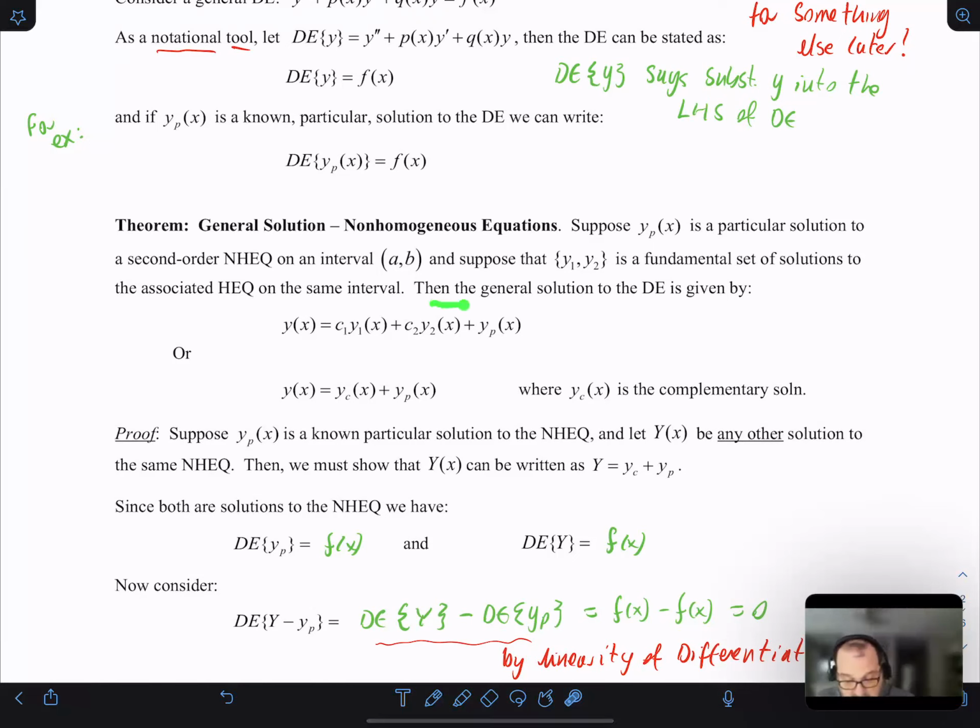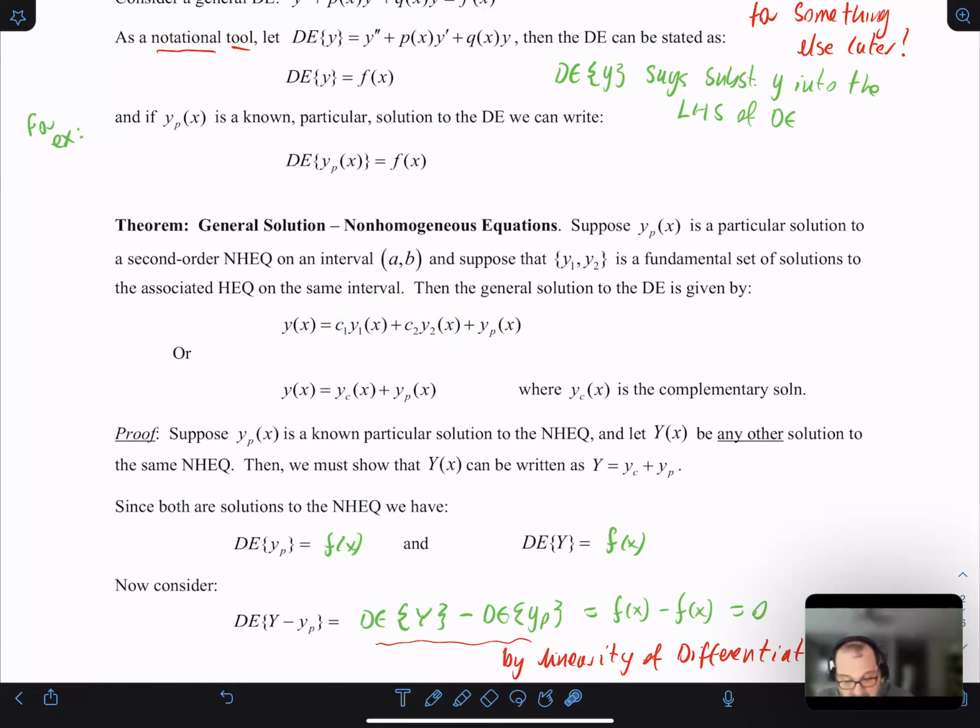Then, this is the conclusion of the theorem, the general solution to the NHEQ is given by this: y equals C1 y1 plus C2 y2 plus y sub p. Recognize this part here: this is the general solution to the HEQ, and then adding on any particular solution you might have found to the NHEQ makes a general solution to the NHEQ. That is the key idea.